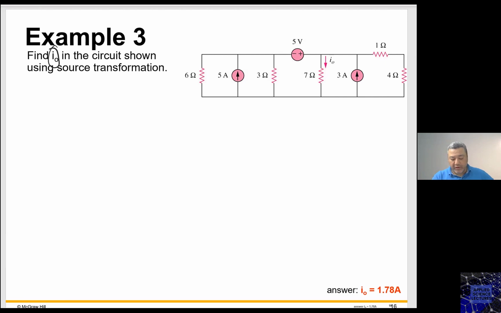So if I take this resistor that is connected in parallel with this resistor, and I found the equivalent resistance that was still in parallel, I can then later on transform this current source with that resistor in parallel into a voltage source. So let's do this. Now the circuit is going to look like the following.